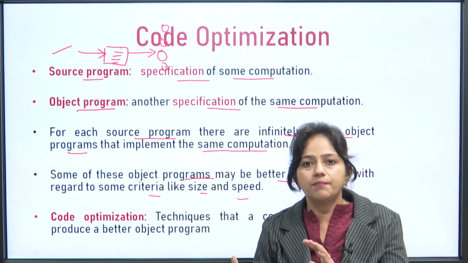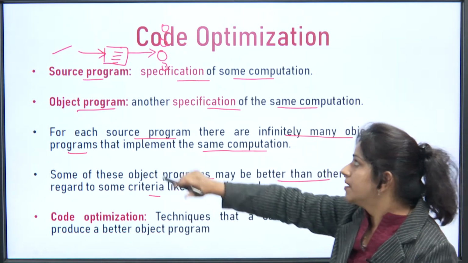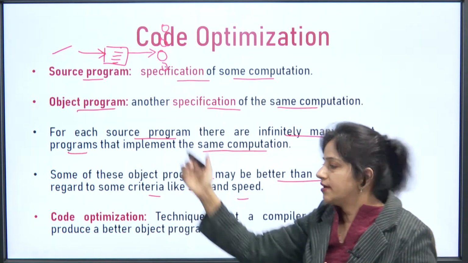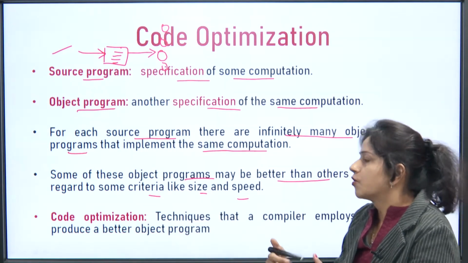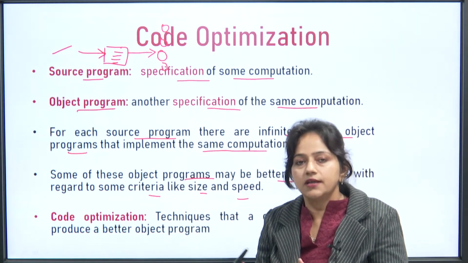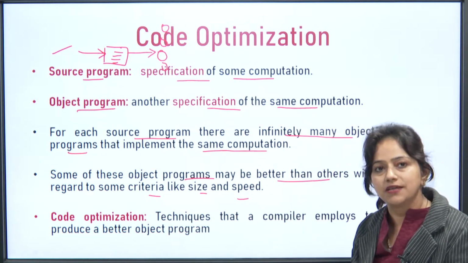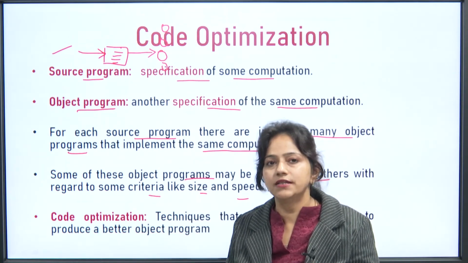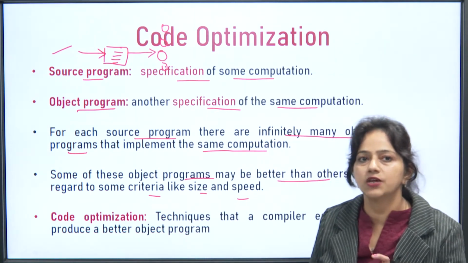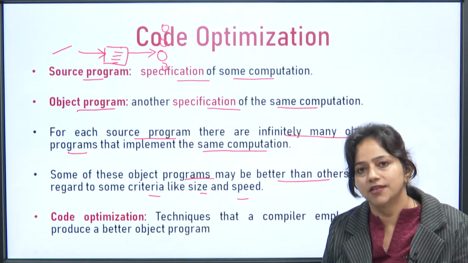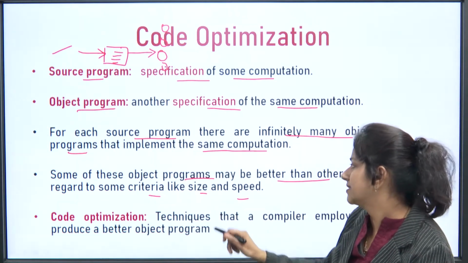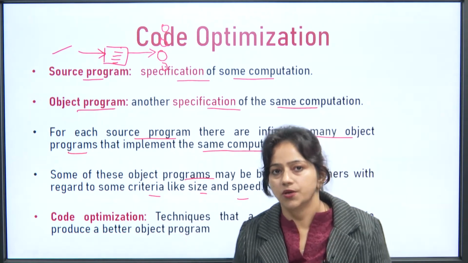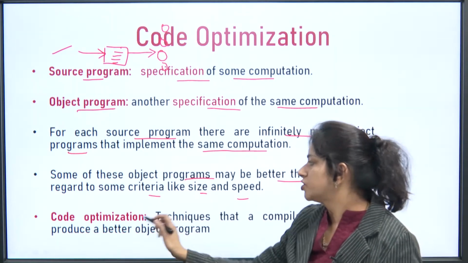For getting better code, we perform some translations and some improvement in the code so that the resultant code is improved in size or speed. Actually we do code improvement, but the term we use is code optimization, because if we are reducing the size and increasing the speed, we can say we have optimized our code. So, here we will focus on code optimization.